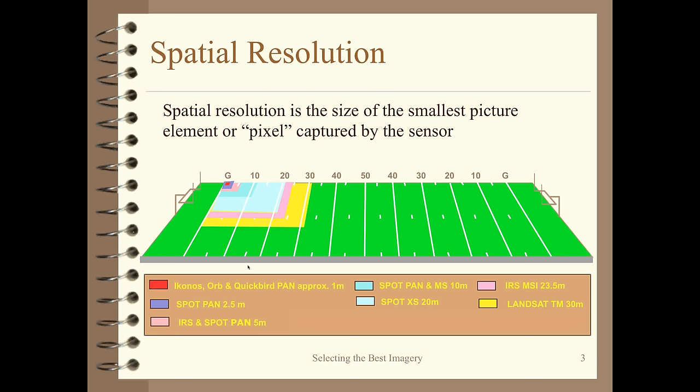Let's start with spatial resolution. Spatial resolution is what we call the pixel size, or the picture element. Not too many years ago, nobody understood exactly what that meant, but these days, with computer monitors and especially high-definition television sets, we all know the difference.